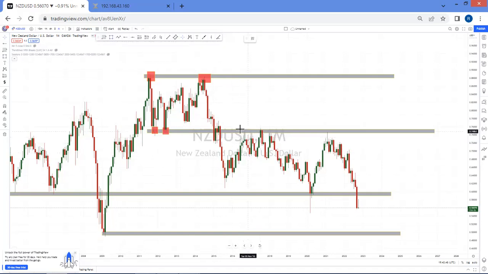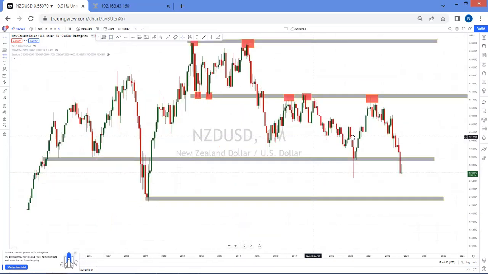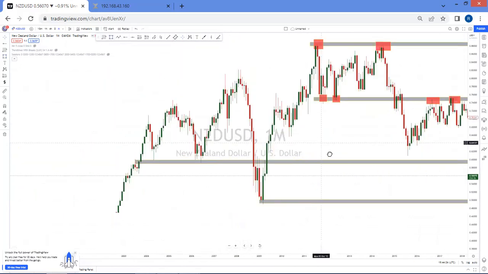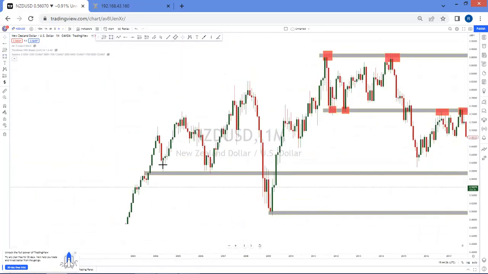Can you see the market touching it here? That support that became resistance didn't allow the market to push up. Can you see it here again? The market started to fall. See the market here again, creating a resistance here.